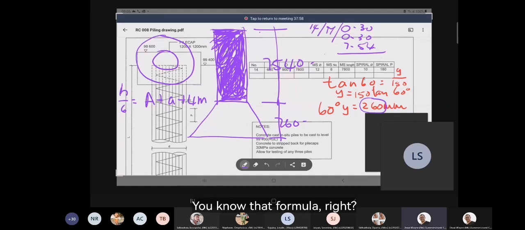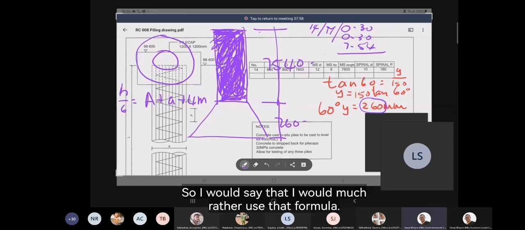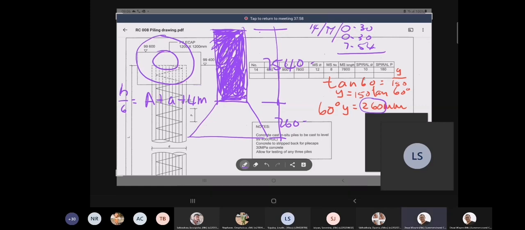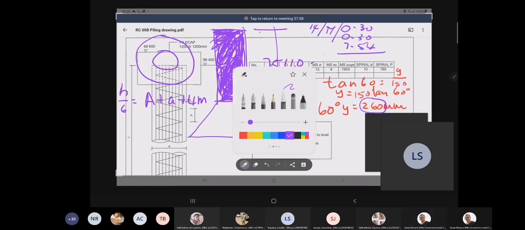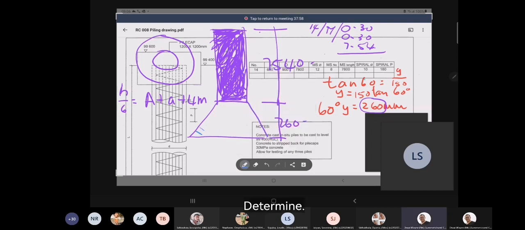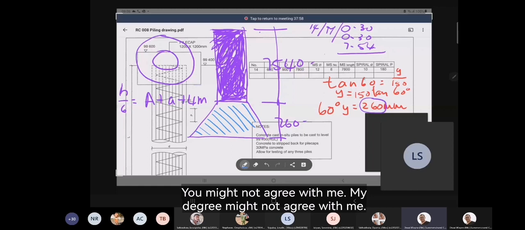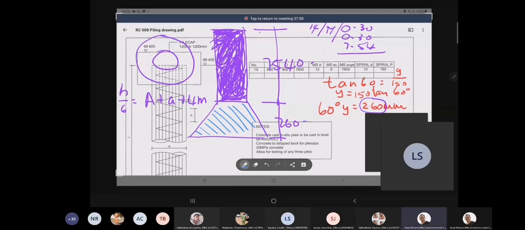You know that formula? Right. So I would much rather use that formula to determine the volume of that. You might agree with me, you might not agree with me. Okay? So that's what I say.